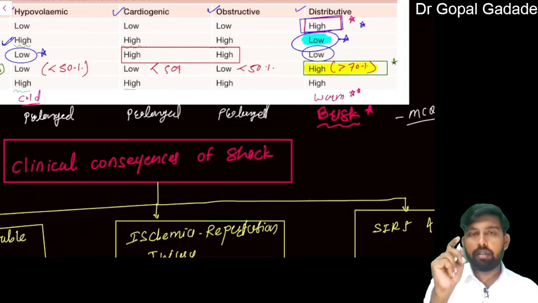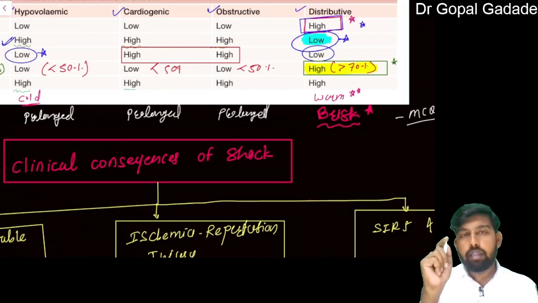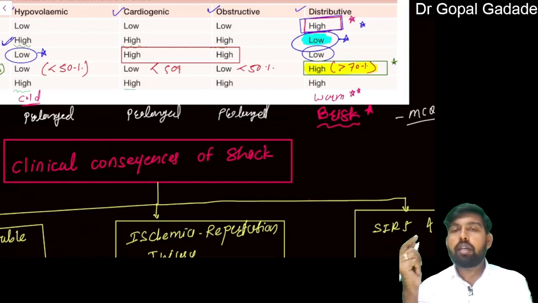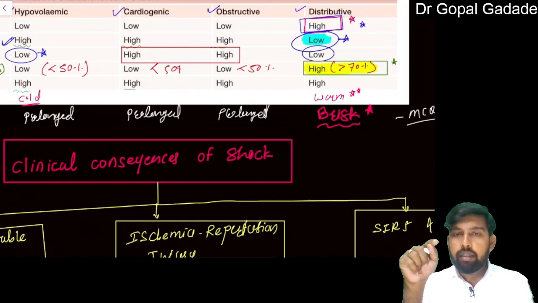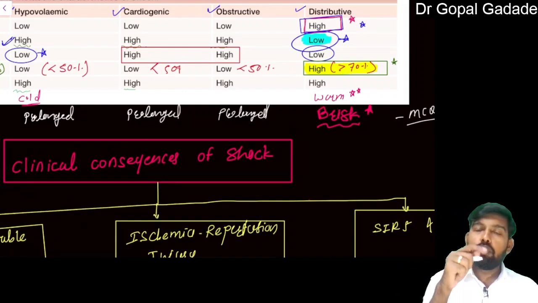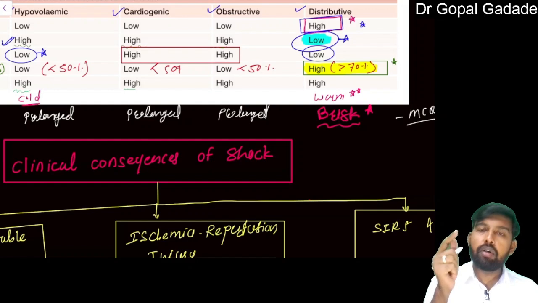But in septic shock or distributive shock, there is a problem in the utilization or distribution of the oxygen at the cellular level. So the blood comes back unutilized into the heart. So the mixed venous oxygen saturation would be increased as compared to other types of shock.